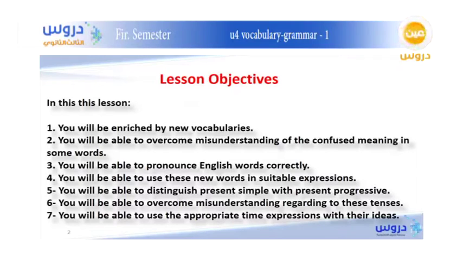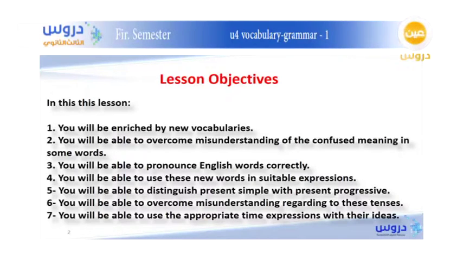Okay, we have 7 objectives for our lesson today. You will be enriched with new vocabulary. You will be able to overcome misunderstanding of confused meanings in some words. Number 3, you will be able to pronounce English words correctly.